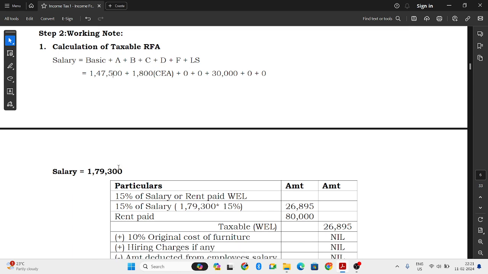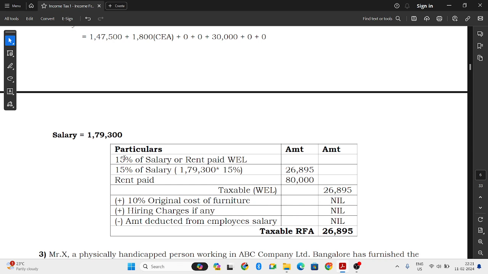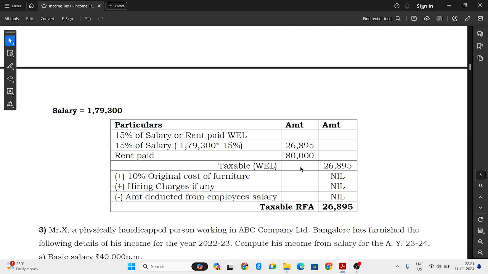The total when you add it will be 1,79,300 rupees. For calculating RFA, we will consider 15% of the salary or the rent paid, whichever is lesser. 15% of the salary of 1,79,300 is 26,895. The rent paid, as given in the question, is 80,000. Out of these two, 26,895 is lesser, so that will be considered as the taxable value.